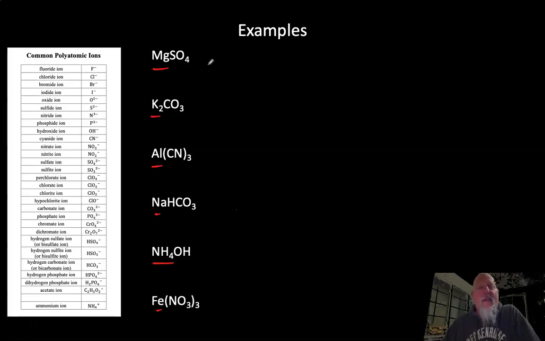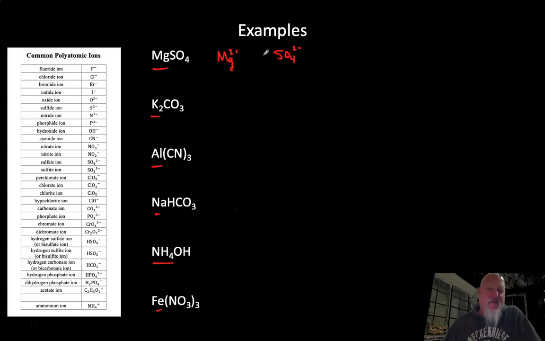So now we're going to name these. Remember, when you name an ionic compound, it's just the name of the cation and the name of the anion. So MgSO4. We can see that it's got Mg2+ in it because that's the ion for magnesium, and then SO4 is the anion. So it's SO4 2-.